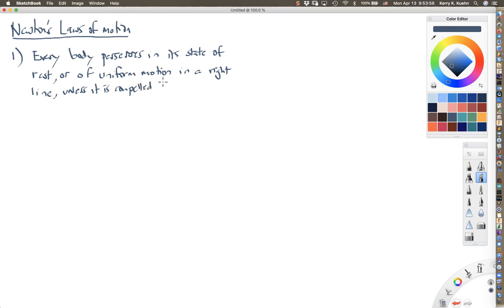Unless it is compelled to change that state by forces impressed thereon. So the idea is if you've got an object that's moving or is at rest, it tends to stay in that state unless there's an impressed force, that is some external force acting on it.